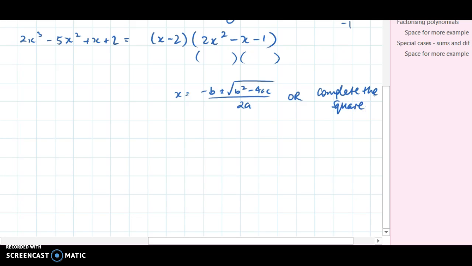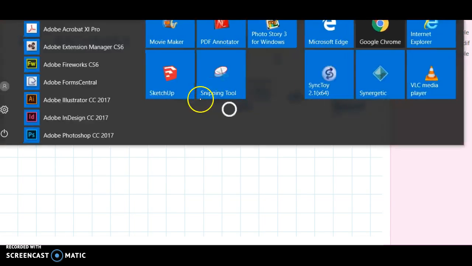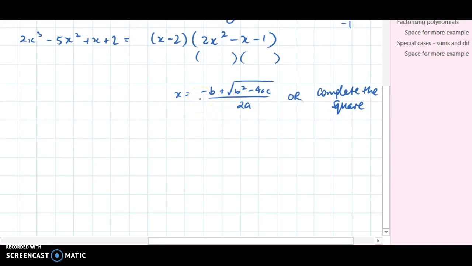Now, if I were in class with you now, I would probably show you both methods, but I think you actually need a bit more practice with using the quadratic formula because it is a really, really important and useful formula. So I'm going to use this one, okay? We have that's A, that's B, and that's C. They're the coefficients, as in the numbers in front of the x's.